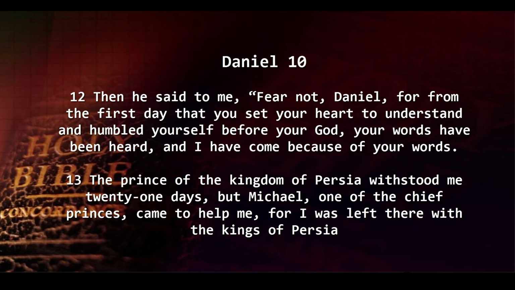That spirit being, he is the one ruling Persia, not the human king. He's a puppet in the hands of the spirit ruler. Catch it? All right. So what in the world is a spirit being doing ruling Persia?